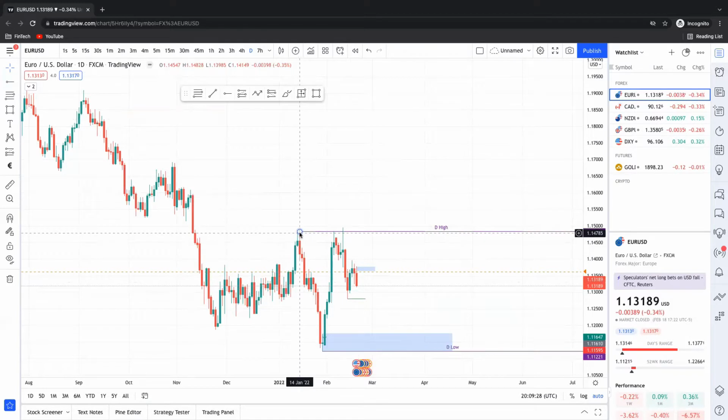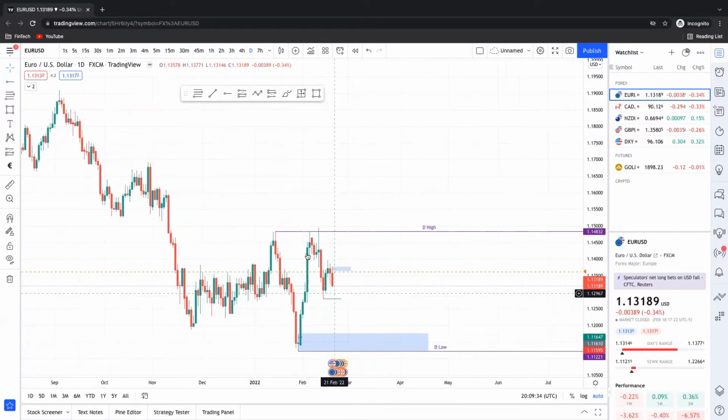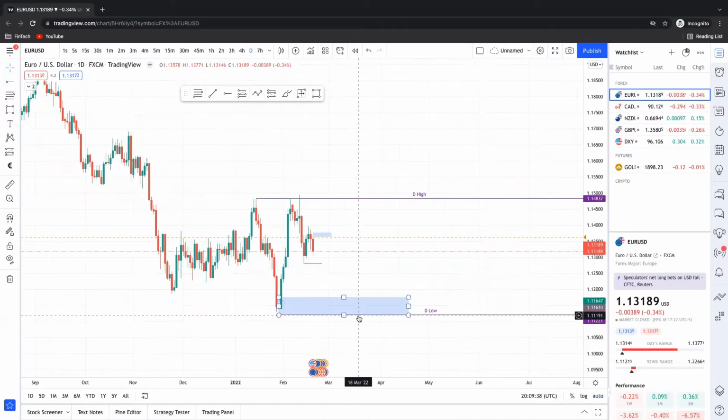So this was our high and this our low, so we are within this range. From a higher time frame perspective we are looking to short and probably break this low, because there is unwillingness to go higher, so it's probably going to break this one. So we need to trade within this range.